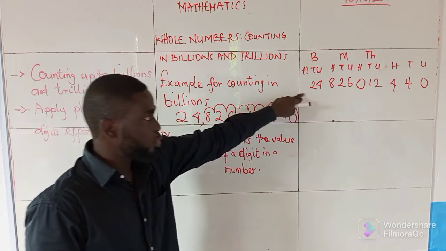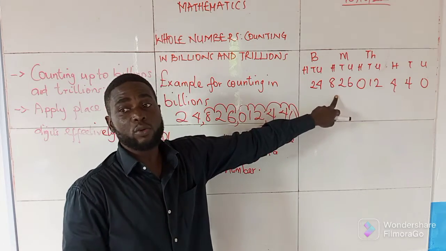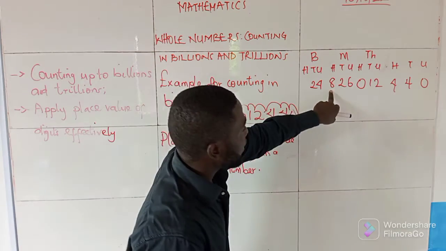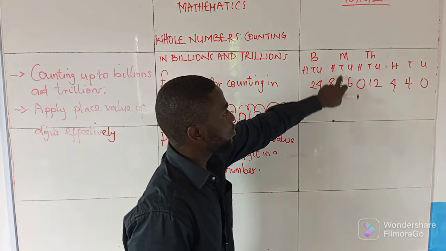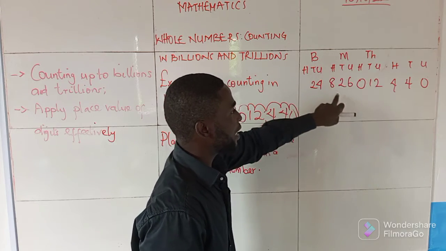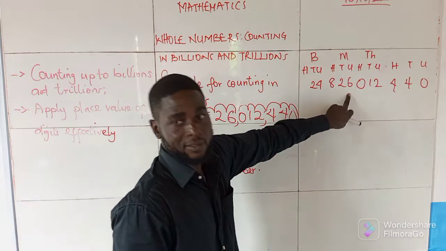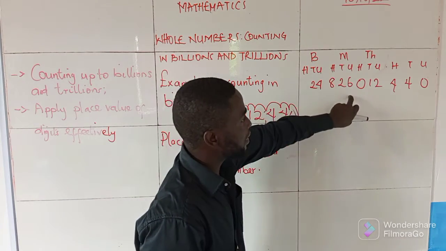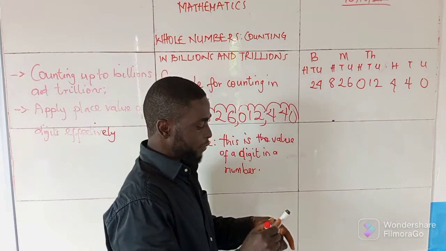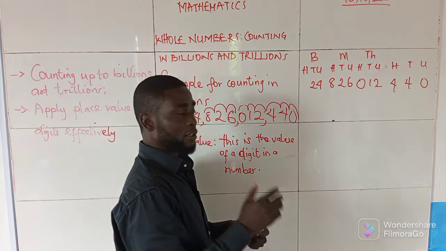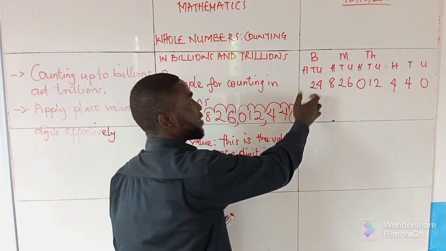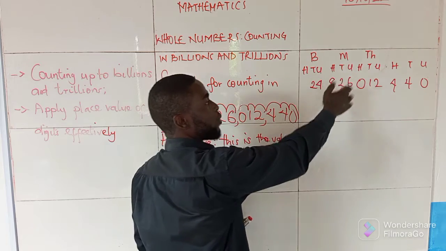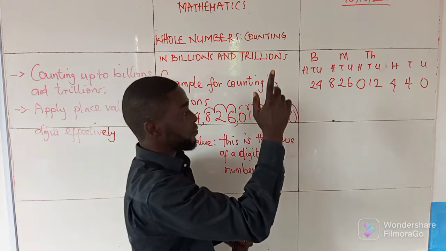Now we have finished this group, we are going to the next, which is the millions group. We have 800, 2 tens, and 6 units, which is 826. And the group is a million group, so it is 826 million. So from left to right, the first group is 24 billion, 826 million. We are not done, right?